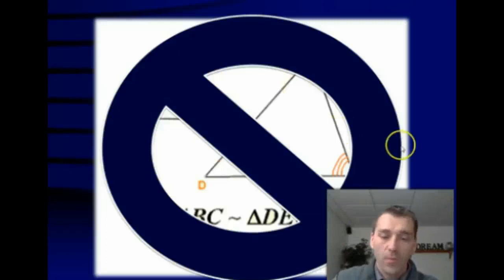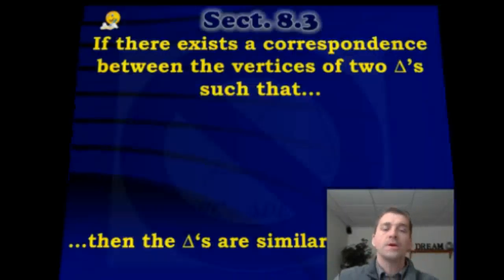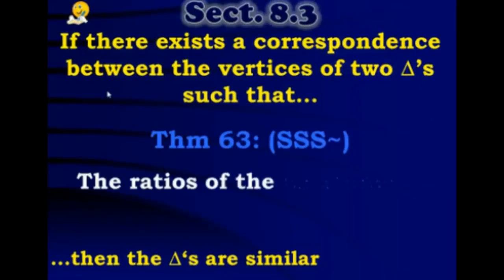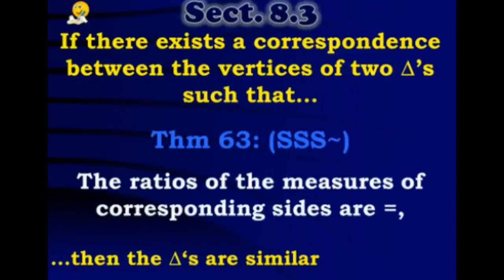There are 2 other shortcuts, by the way, that do work. So write these down. It is Theorem 63 and Theorem 64. This is the SSS squiggy theorem. It says if you can show the ratios of the measures of the corresponding sides equal, so if you take all 3 ratios and they're equal, then you're able to prove that the triangles are similar.